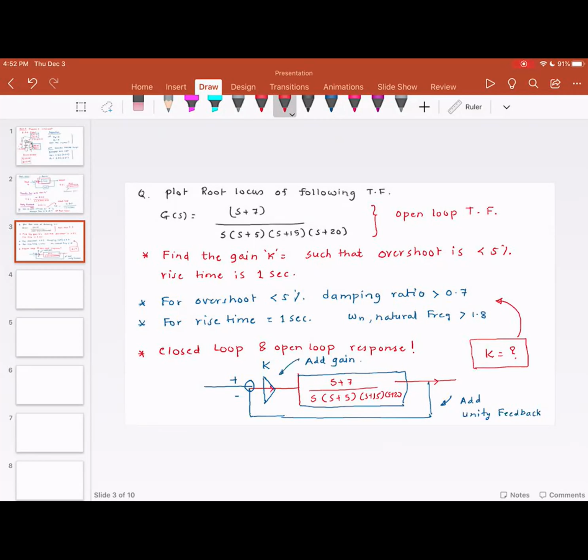We have an open loop transfer function. What we want to do is convert that open loop system into a closed loop system and find the gain. Root locus is found for closed loop systems. You cannot find root locus for open loop systems.